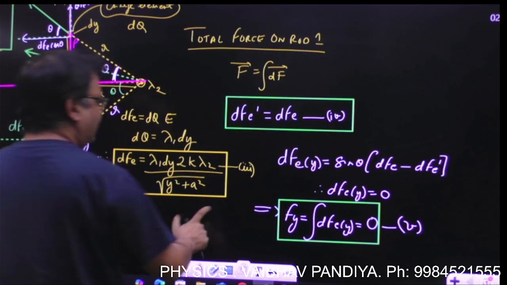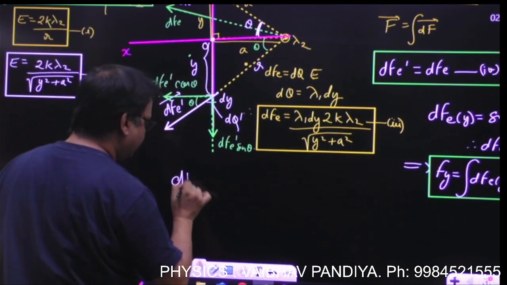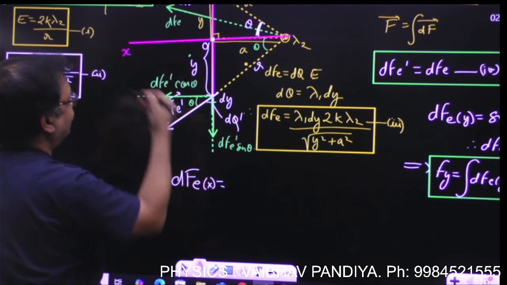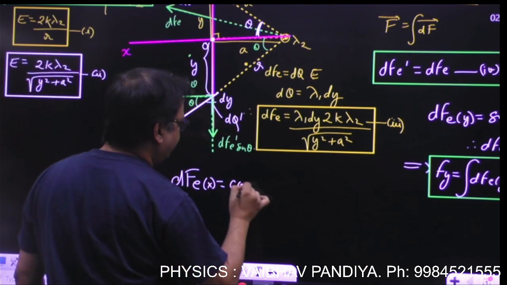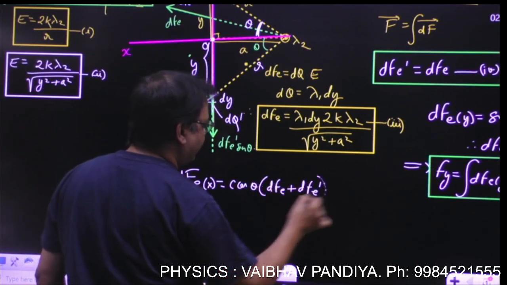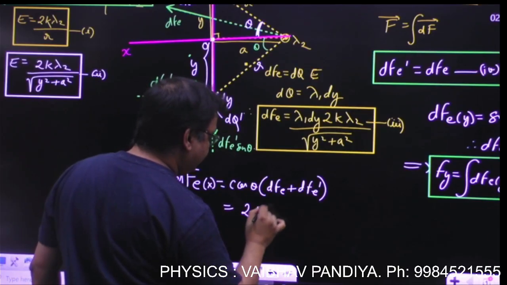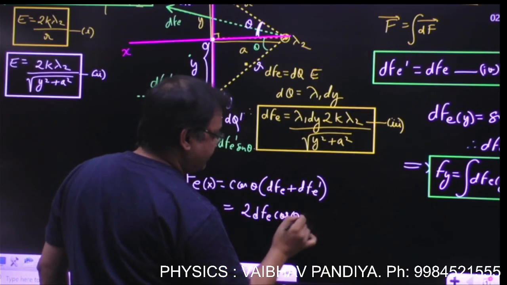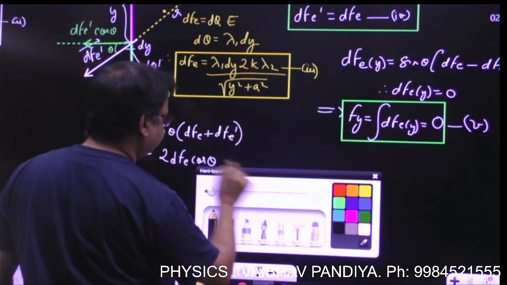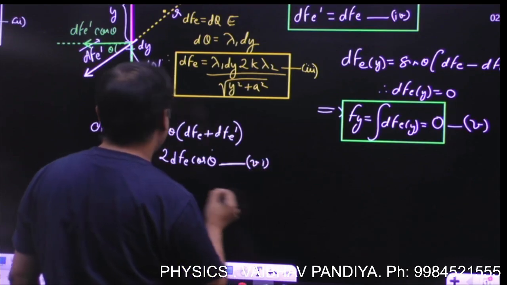Now let's come to dFEx. Both the components are on the positive x-axis, so we'll get cos theta times dFE plus dFE dash, and both are equal in magnitude, so we can write 2 dFE cos theta, correct? This is the infinitesimal electric force on the x-axis.